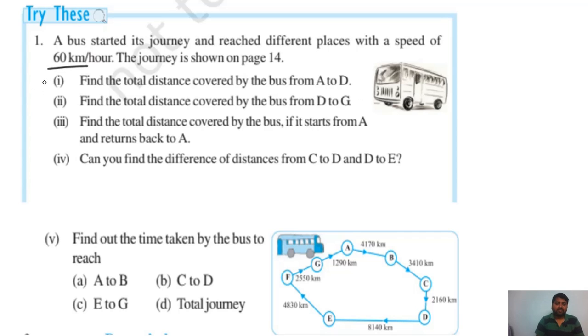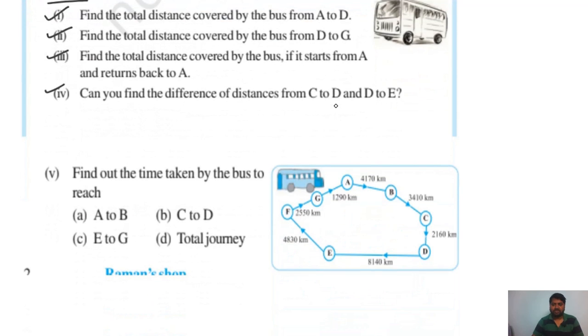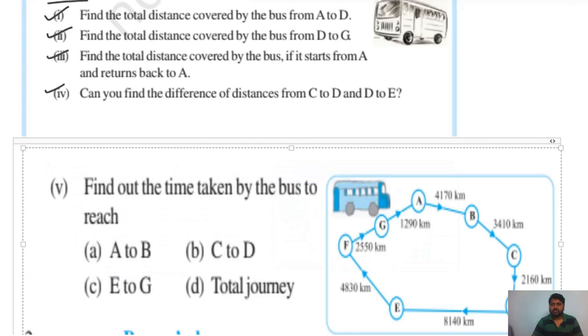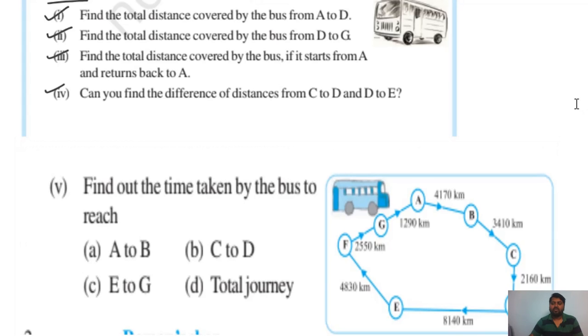Find the total distance covered by the bus from A to D. Here is the route of this bus: A, then B, then C, then D, then E, F, G, and then again A. So from A to D, that means A to B, B to C, C to D.